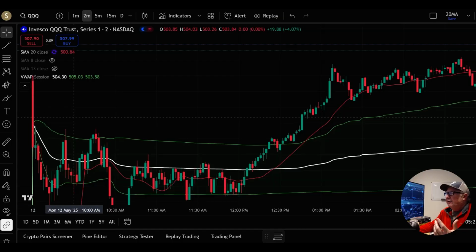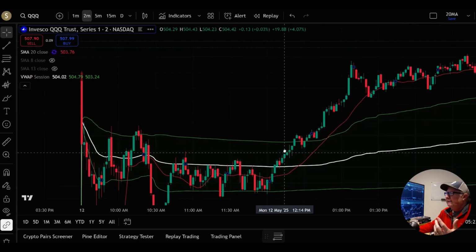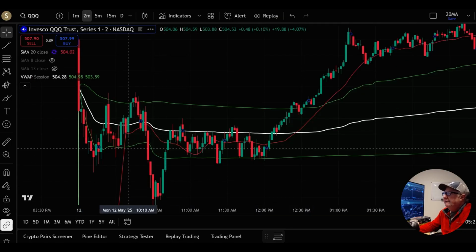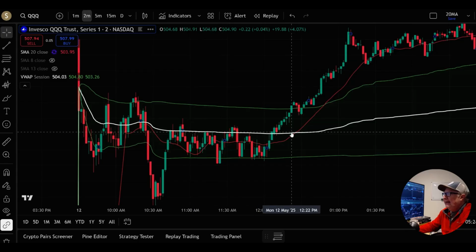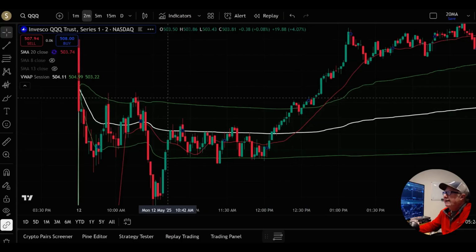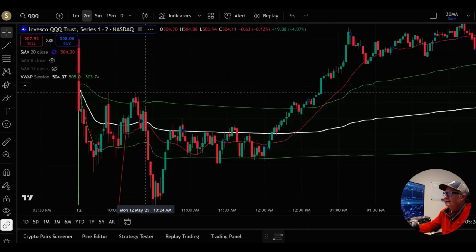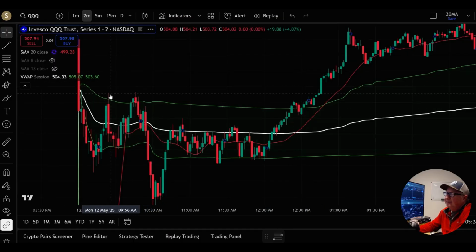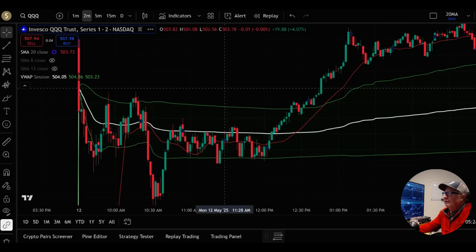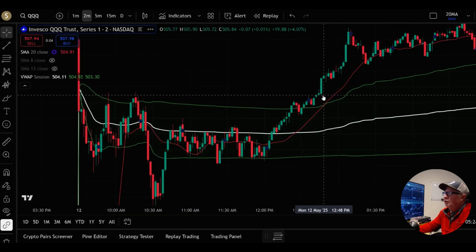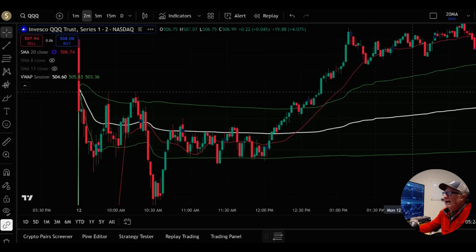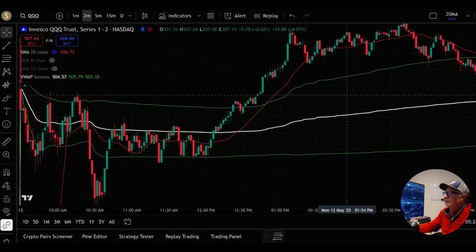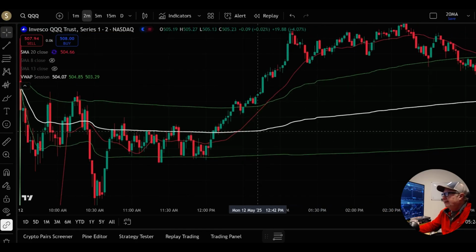We gapped higher, pulled back in, held this pullback, and then started going flat on the day before basing and then moving higher out of this base and having a breakout above this resistance from early in the morning, from the 10 o'clock and 10:30 or 10:20 time frames. And we had a breakout, move higher. Look at what happens to VWAP. It's sort of left in the dust, right?